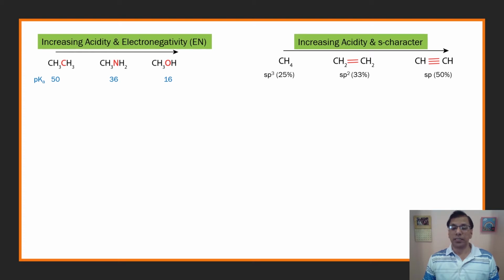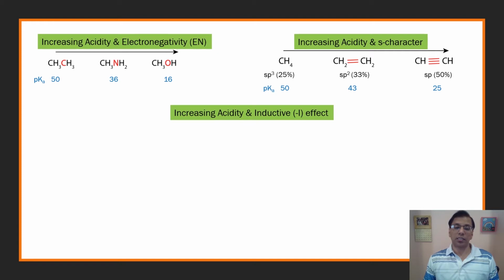In methane, the s character is 25% because the carbon atom is sp3 hybridized, whereas in ethyne, the s character is 50% because the carbon atom is sp hybridized. And because of that, the pKa value of the proton on ethyne is 25, whereas the proton on methane is 50.